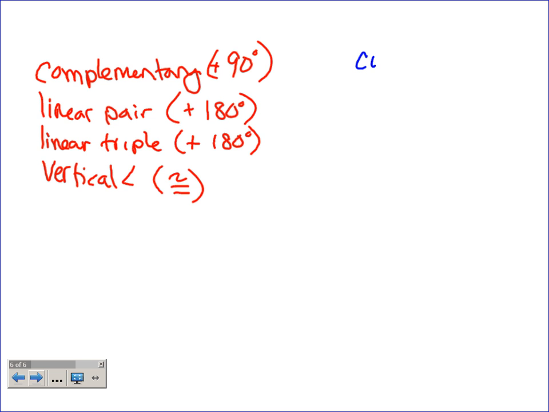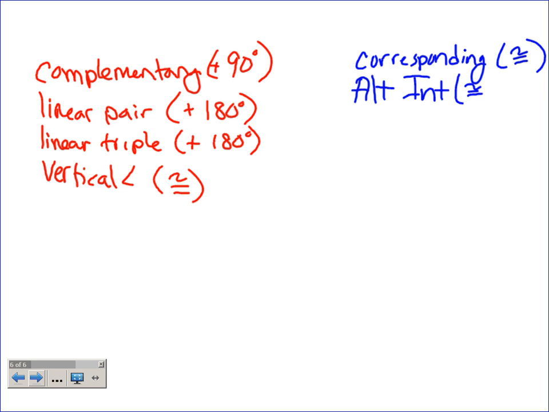What we learned today, we learned about corresponding angles. Corresponding angles are congruent. We learned about alternate interior angles. Alternate interior angles are congruent. I think it's okay to abbreviate those long words. We know about alternate exterior angles.